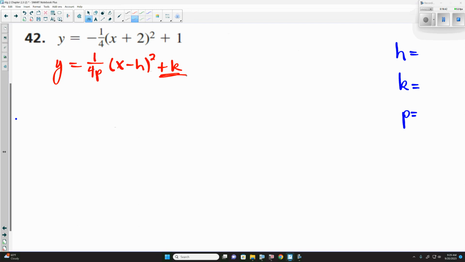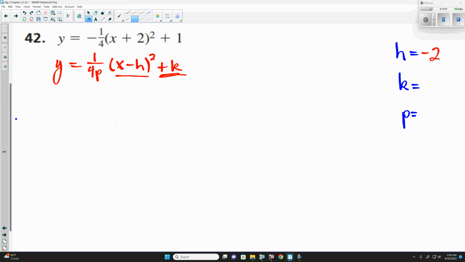So let's start with h then. So what is the value of h going to be? -2, because since it's plus 2 inside, the value of h itself is negative, because the only way we can change from the formula being x minus h to x plus 2 is if the value of h is negative. And in this case, it would be -2. That's the only way we can change that sign.